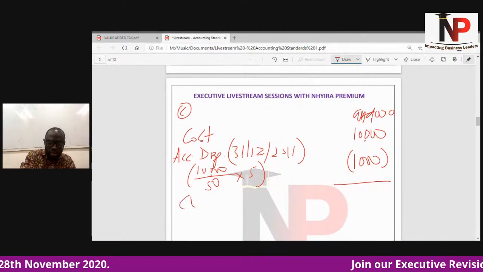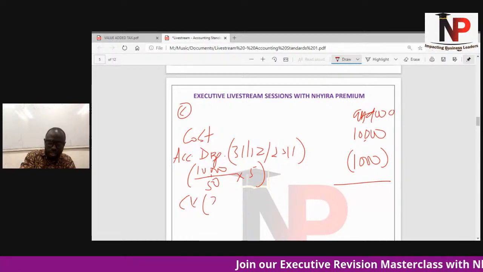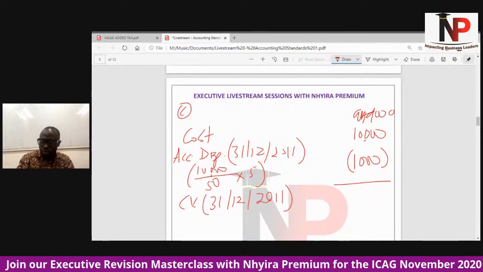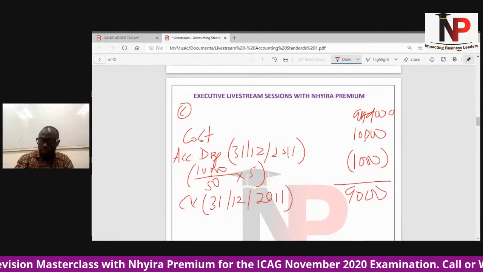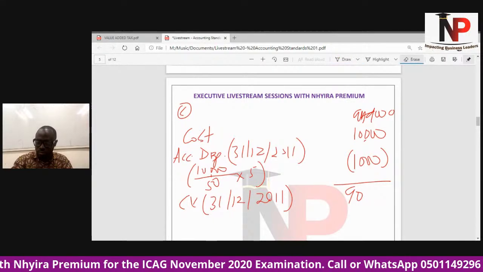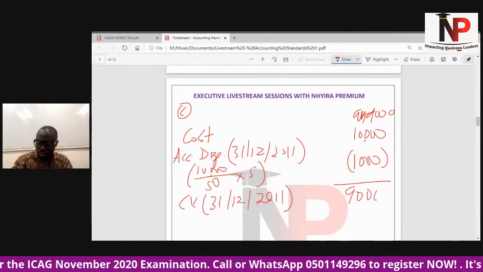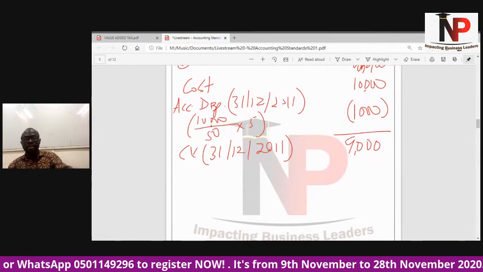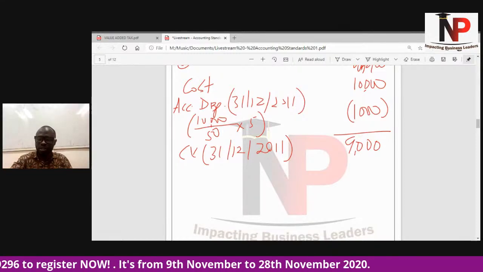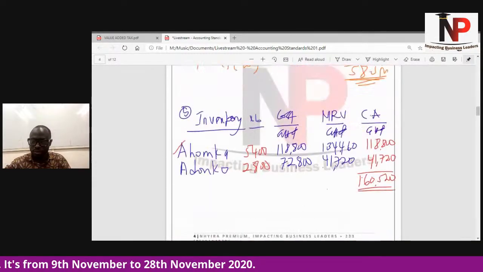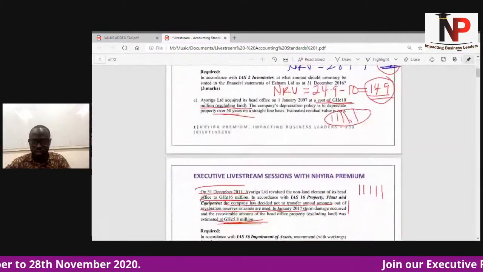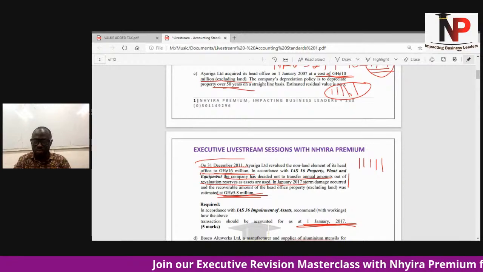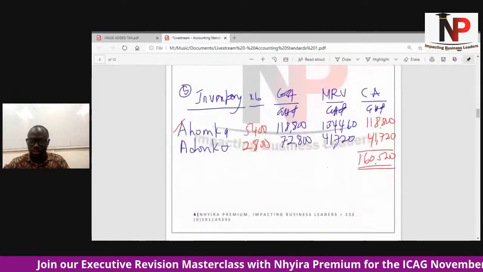Then the carrying amount as at that date, 31st December 2011, will be 9,000. Okay. So now that we have the carrying amount, let's go back to the question. On that same day, 31st December, it was revalued at 16,000, or 16 million.